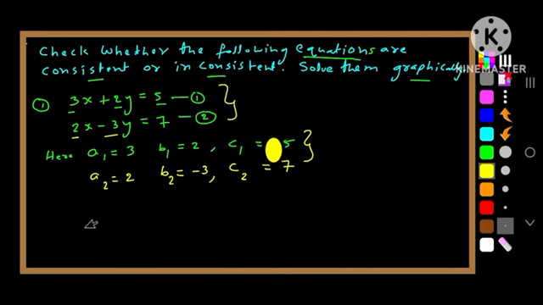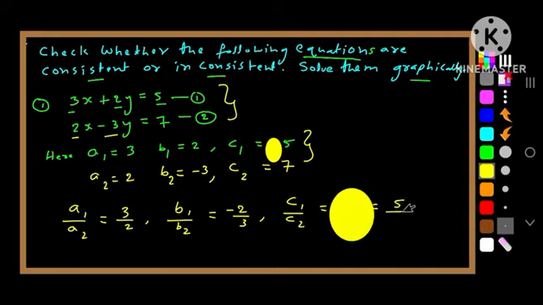Now you have to use this formula, the ratio formula. You have to find out the ratio a1 by a2. So here the ratio is 3 by 2. Similarly b1 by b2, here the ratio is 2 by minus 3. c1 by c2 will be 5 by 7. Now you have to compare these ratios.